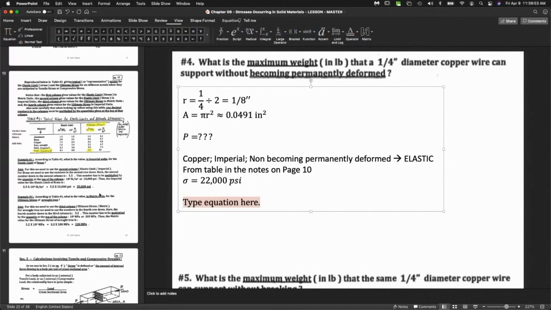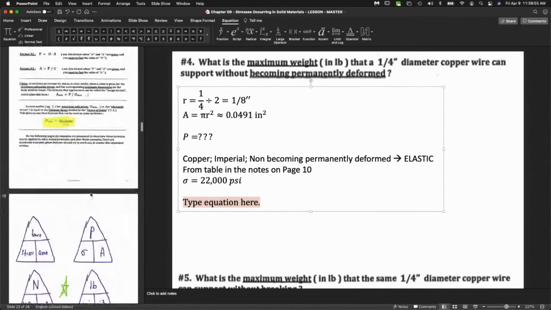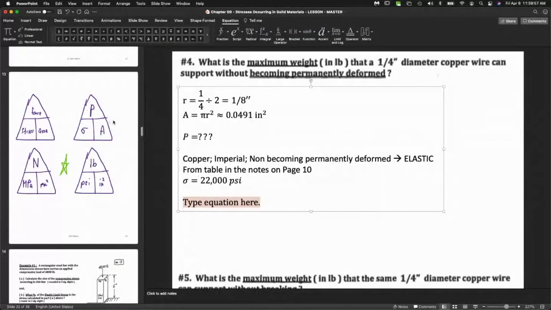So there you have it, my friends. Toss in the triangle here. We're trying to solve for P. If you look at this triangle, you multiply stress times area. So we have all the goods in place here.